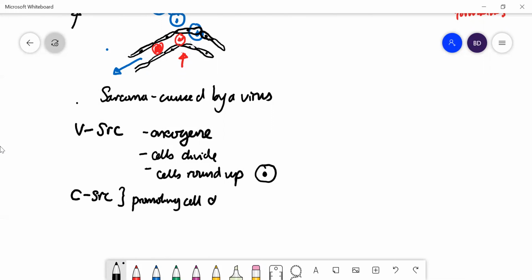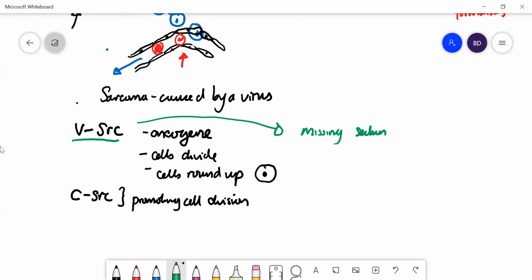But it's not on all the time. It's only switched on when cell division is appropriate and should be occurring. What the researchers found was that the viral version of that gene, the v-src, was missing a bit at the end of the protein, the C-terminal end rather than the N-terminal end, which enabled the activity of the protein to be switched on and off.